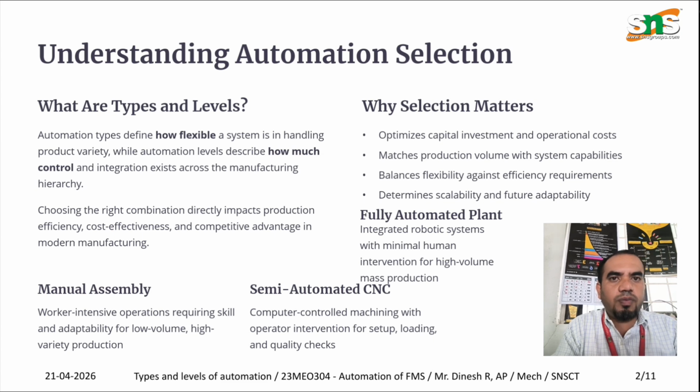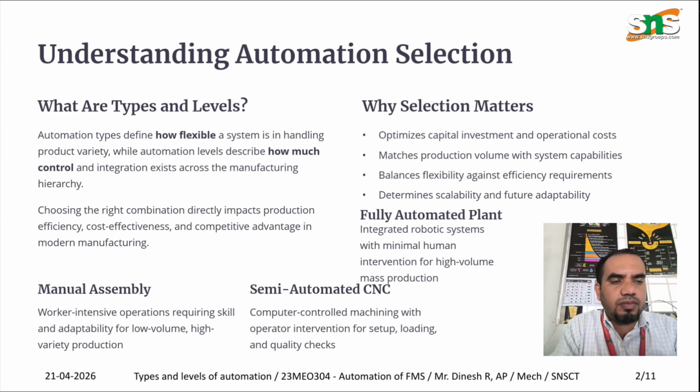Automation types define how flexible a system is in handling product variety, and automation level describes how much control and integration exists across the manufacturing hierarchy. So overall, the type defines how flexible it is, and the level describes how much control we have over the system.